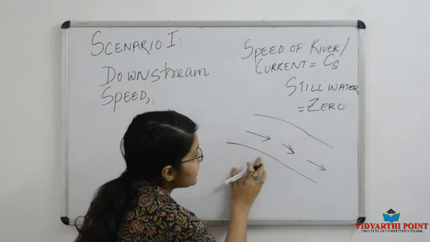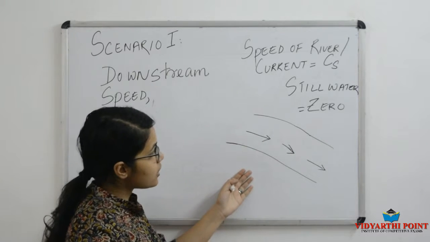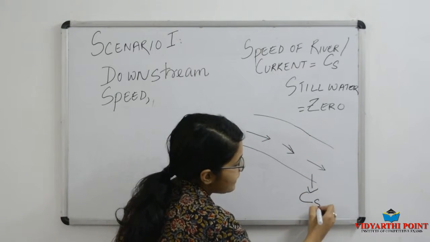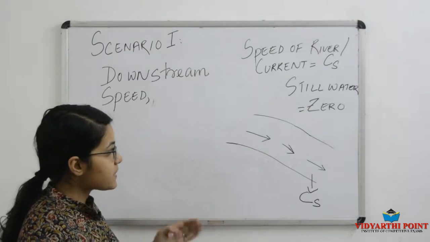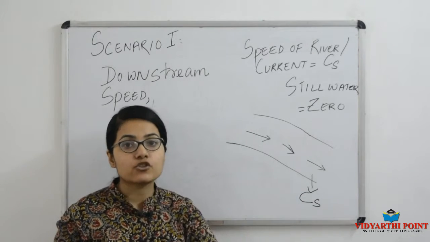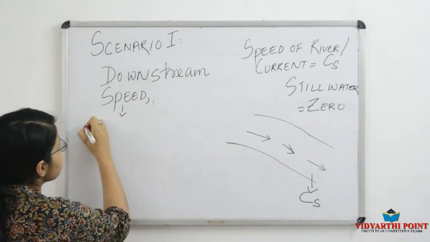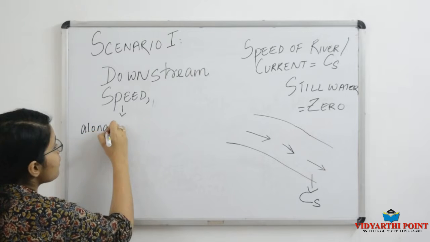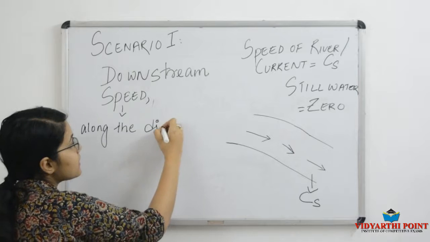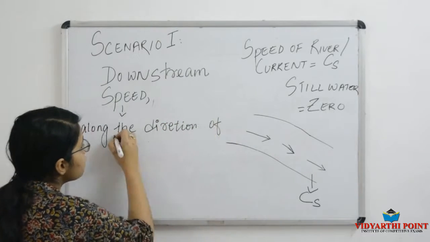Now consider this stream. It is flowing in this direction. Its speed is CS, that is speed of the current. Now consider a boat is flowing downstream. What do you mean by downstream? Downstream means along the direction of flow.